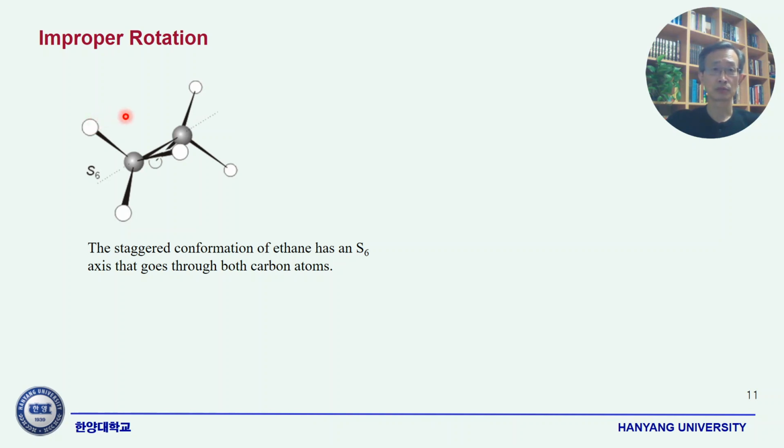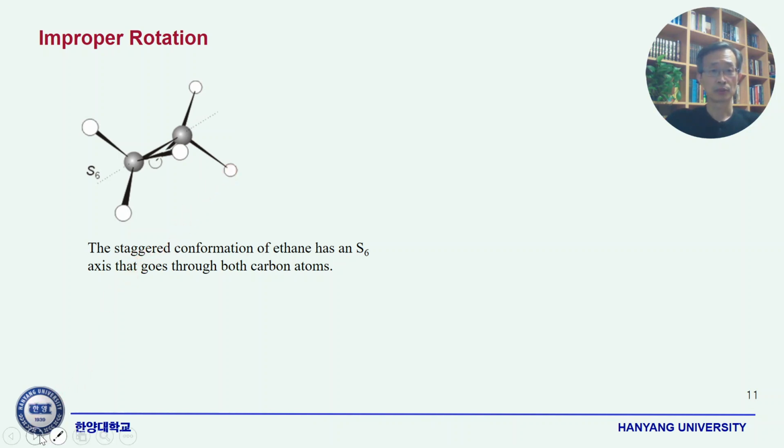This one goes to the top and this goes down, and then the middle plane, perpendicular to the C6 axis, sends this to that, and that to that, the other way. So basically you find the same conformation: the S6 operation is the C6 operation and reflection through the middle plane perpendicular to the C6 axis.